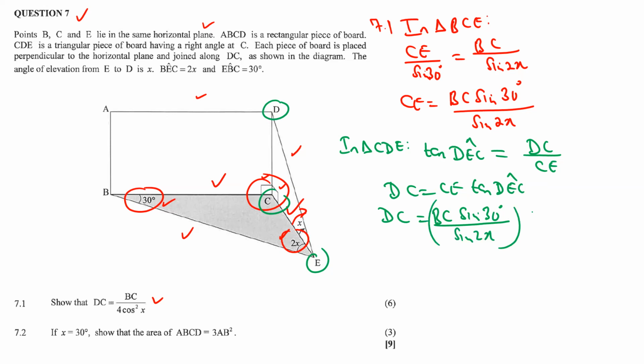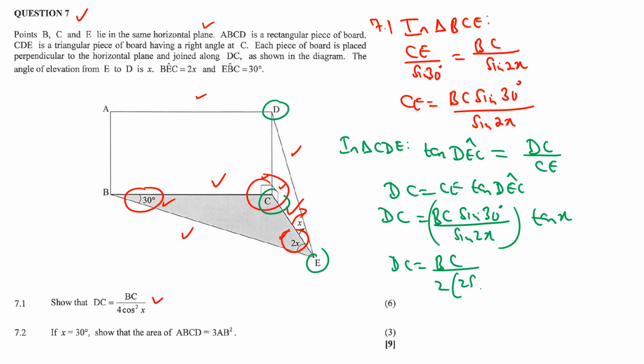And then you have the tangent of DEC, which is the tangent of X. Right, so what is all this? So this is exactly BC divided by... So what is sine 30? Sine 30 becomes 1/2.